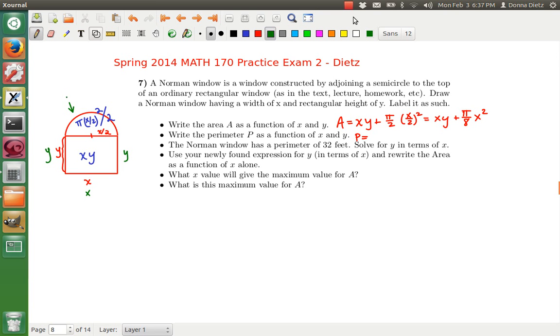But we only have half of it, so it's pi times r for this. I'm sorry, you don't usually have colored pencils for your exams, I guess. But if you want to bring them, you're welcome to. Well, you get x plus 2y plus pi x over 2.